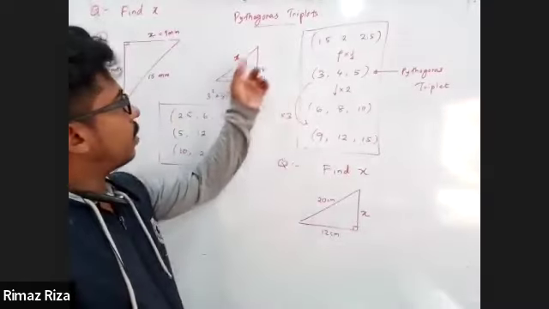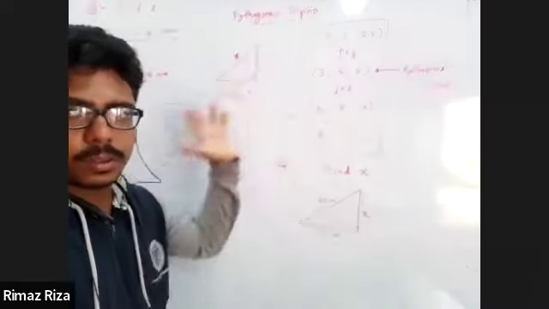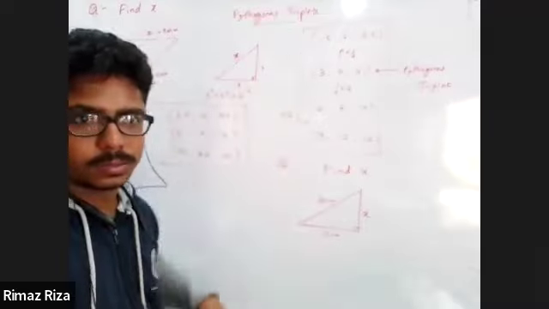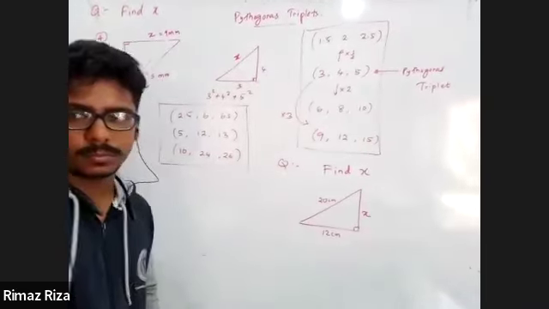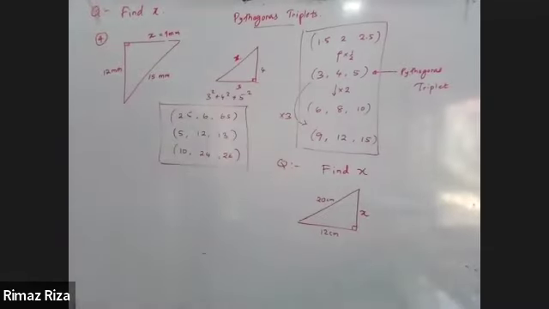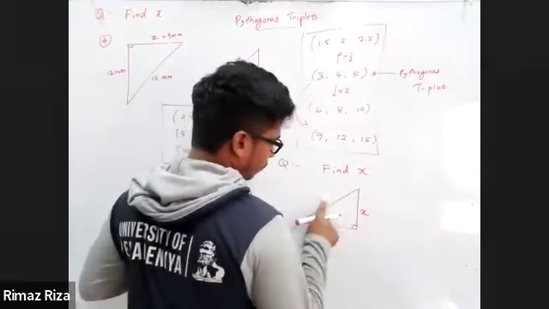You can't put the Pythagoras theorem and simplify. You have to get it from the knowledge of Pythagoras triplets. Then what is that equal to? It's 20 centimeters.